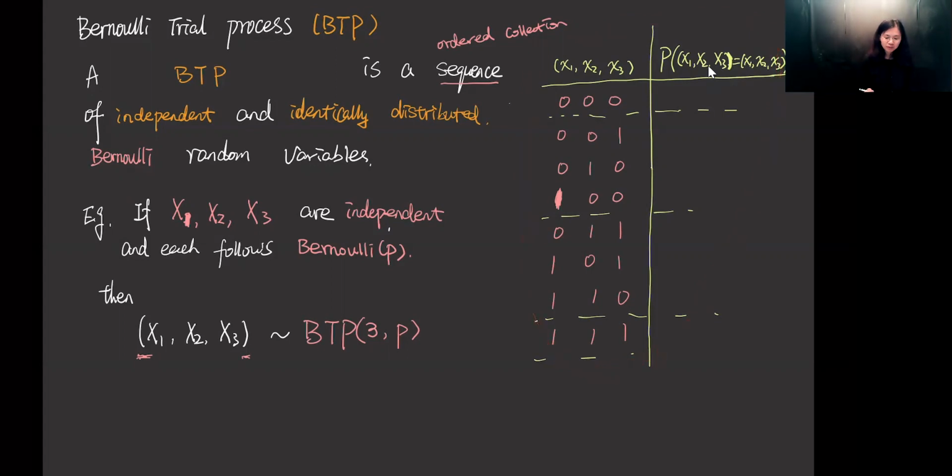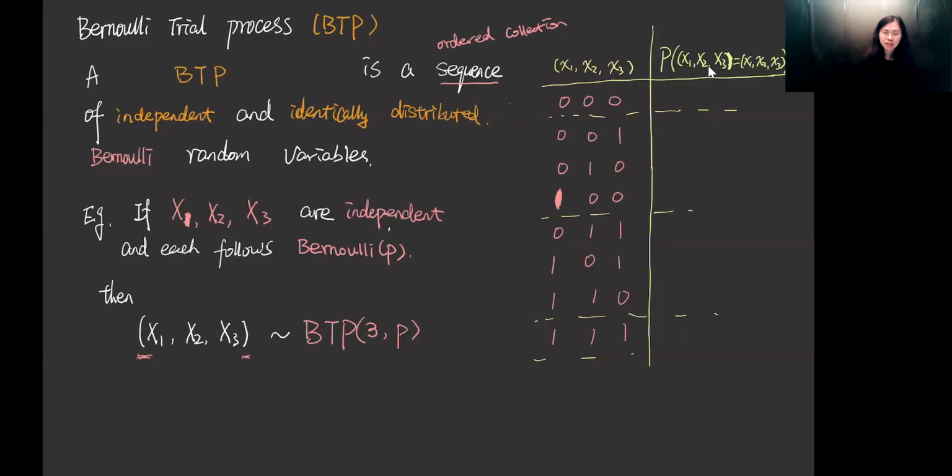To describe the distribution of this Bernoulli trial process, we first list the possible values for the process. Because each of the x's has 2 possible values, 0 and 1, this Bernoulli trial process has 2 to the power 3 possible values.